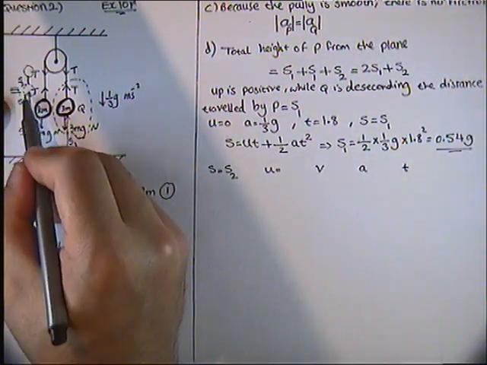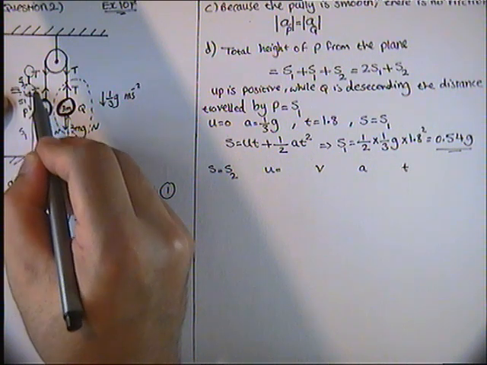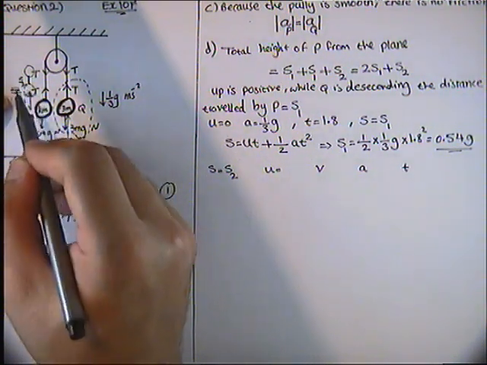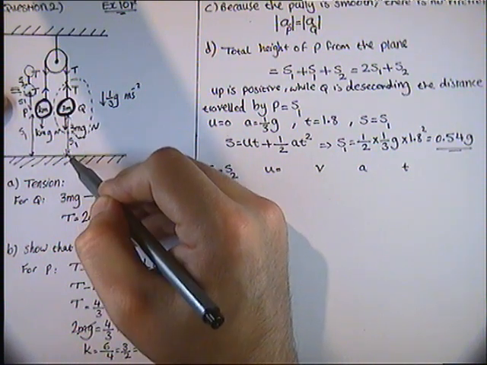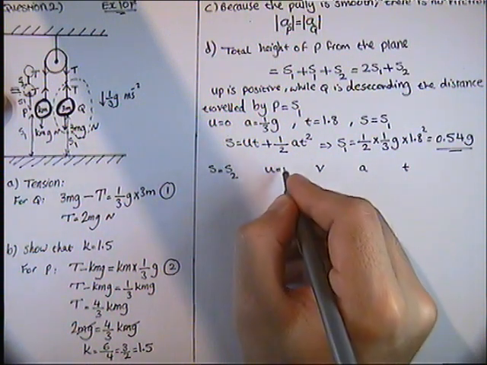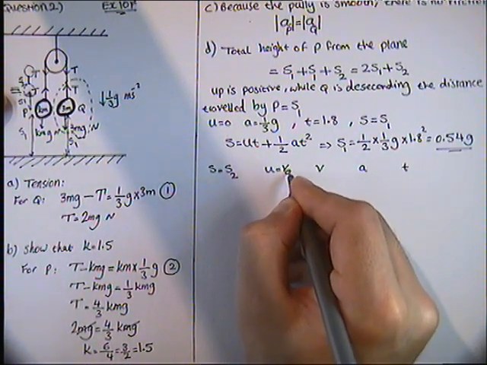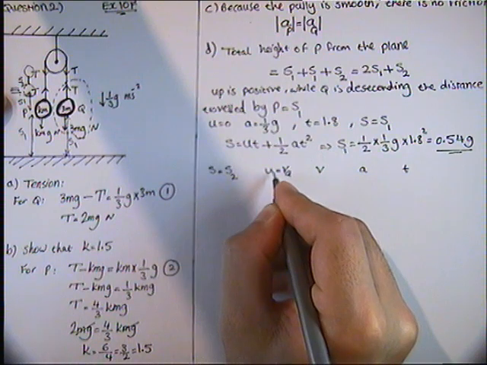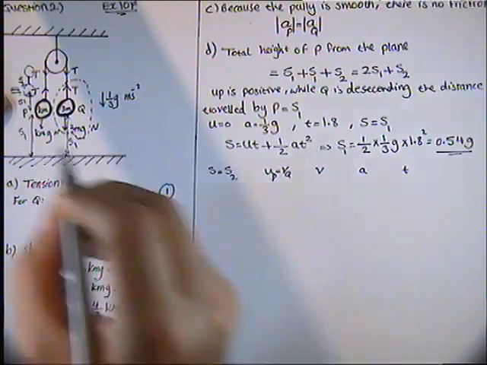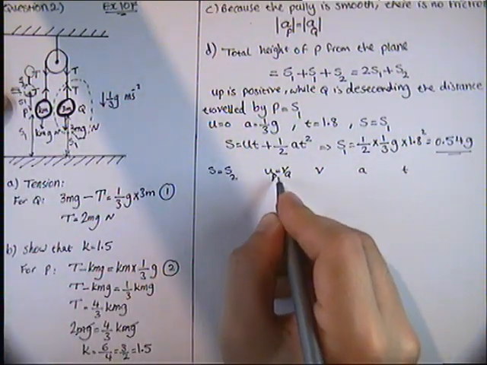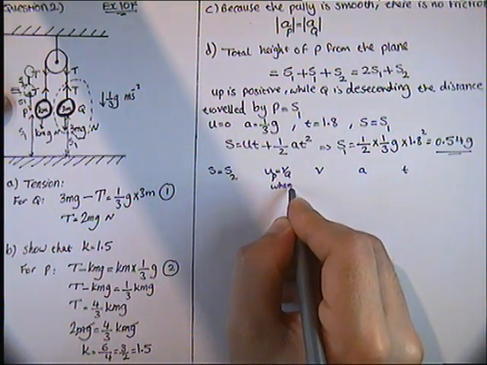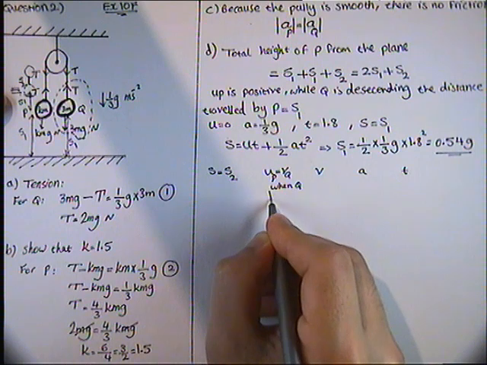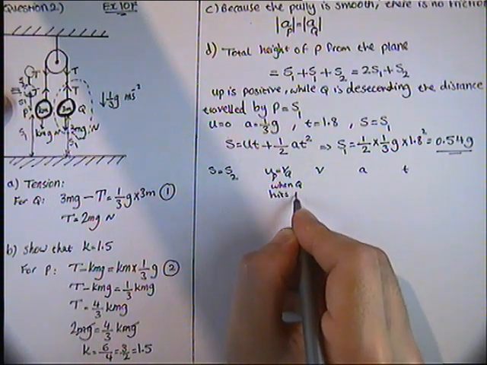Initial velocity is the velocity of particle P at this point, which is the same velocity as Q when it hits the ground. So the initial velocity of P at this point is the final velocity of Q when Q hits the plane.